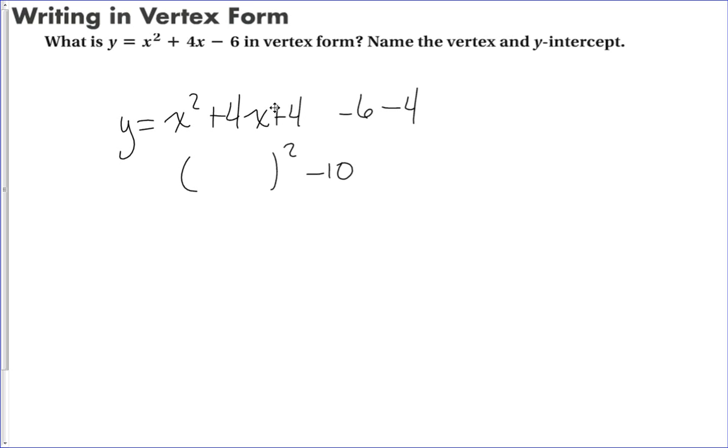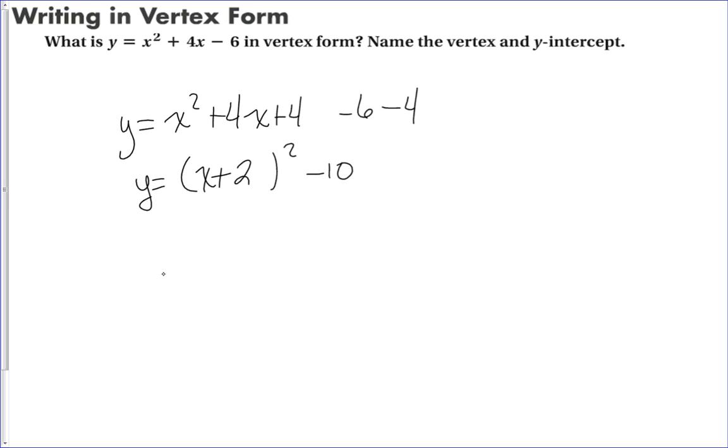I moved the negative 6 out to give me some room. Half your B term and square it, so positive 4. And then subtract it again from over here, but don't go real quick and cancel these out. Now this is also factorable into x plus 2 quantity squared minus 10. And if you remember from earlier, this is vertex form.